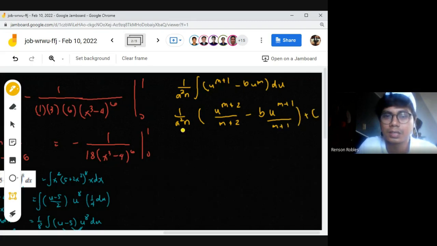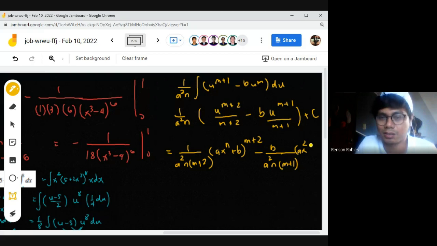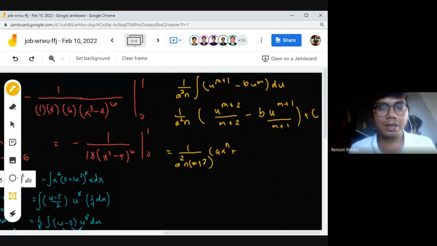And then you can now introduce this a squared n to each term here, and you can now replace u in terms of ax plus b, and we have our generalized formula for this form. 1 all over a squared n times m plus 2 times u, which is ax raised to n plus b raised to m plus 2 minus b all over a squared n times m plus 1, this, and then ax raised to n, sorry, plus b. Sorry, I'll just write it na. Ibababa ko lang.